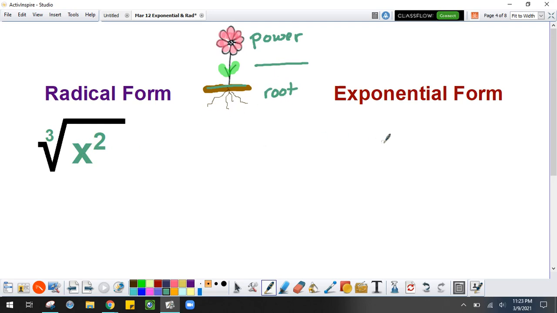So I've got x, which is my base, my power, 2, flower power, and my root equals the root. So the third root, or the cube root of x to the second, is x to the 2/3 in exponential form. Right? So here's one in exponential form.